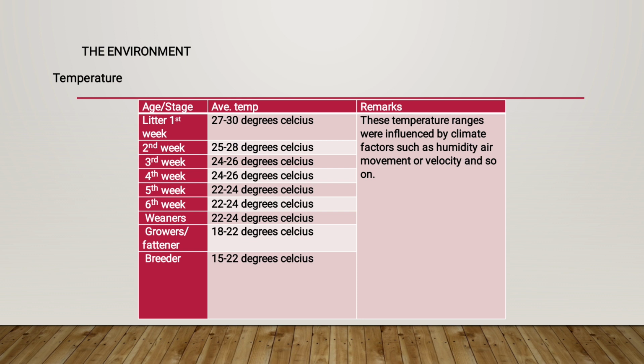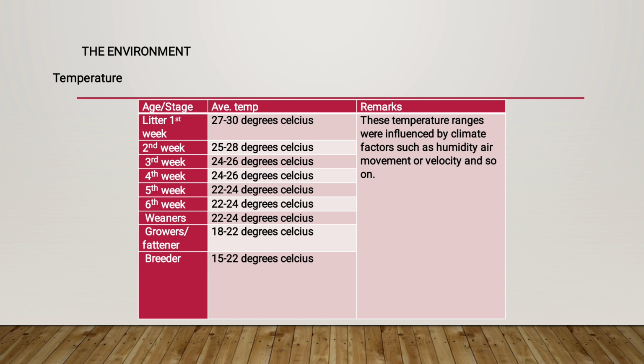So as you can see on the table on the screen, we have different requirements for different stages. Like on the first week, the average temperature is 27 to 30 degrees Celsius.